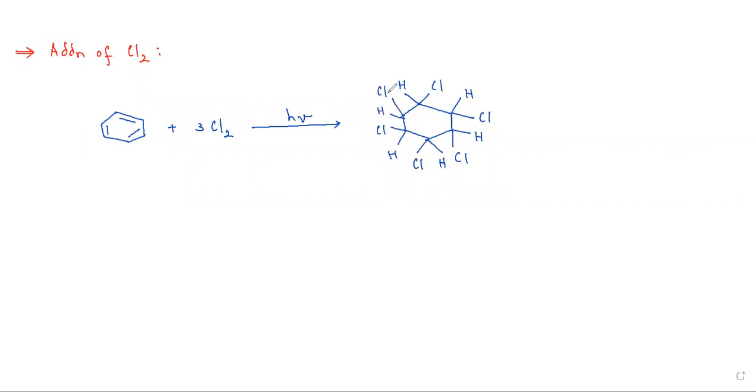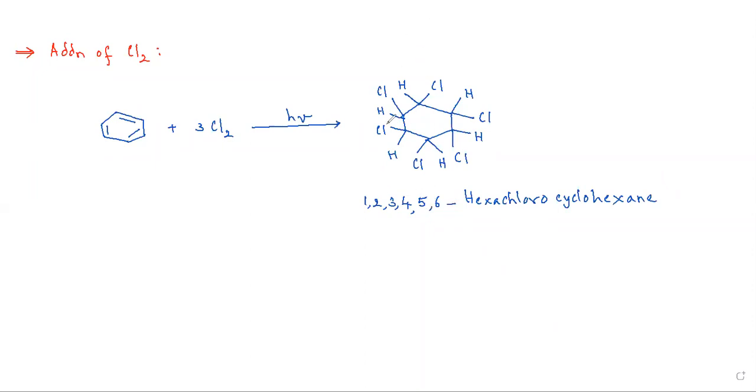So this is how we get 1, 2, 3, 4, 5, 6 hexachlorocyclohexane, right?